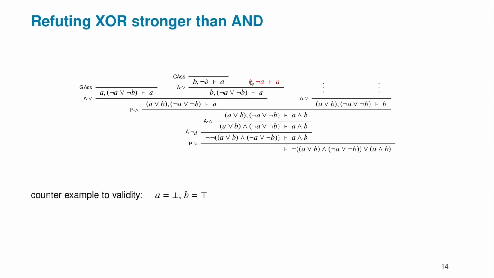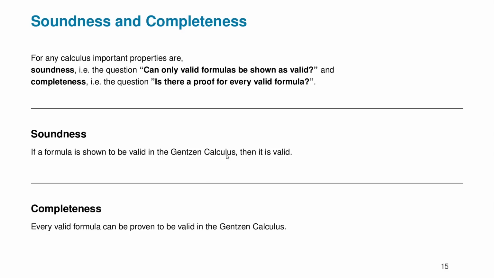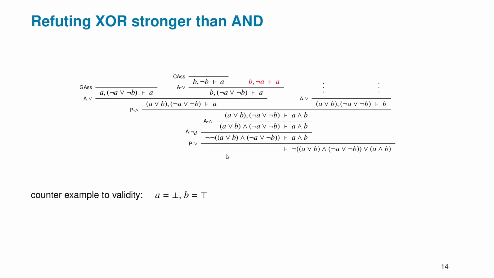We can read off the counterexamples by just taking the literals on the right-hand side and negating the literals on the left-hand side, and by negating the literals on the right-hand side. So we would have B, not A, and this would also give us a not A. And this is a counterexample. With this, we can conclude that the formula is not valid as expected.